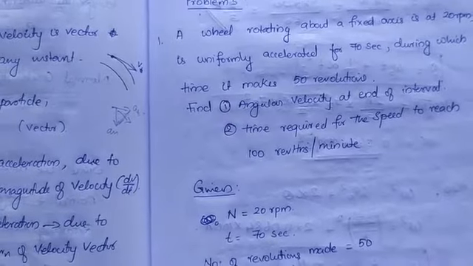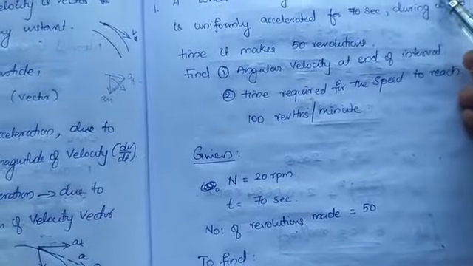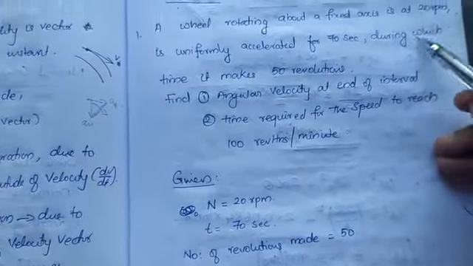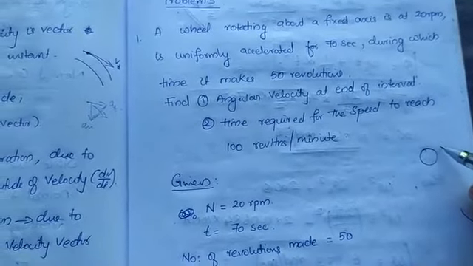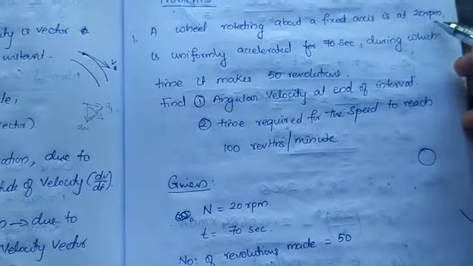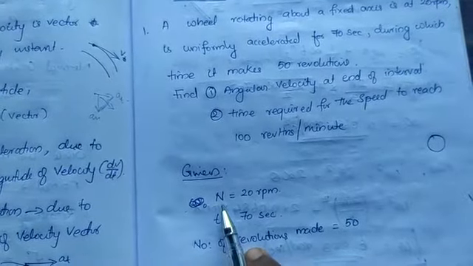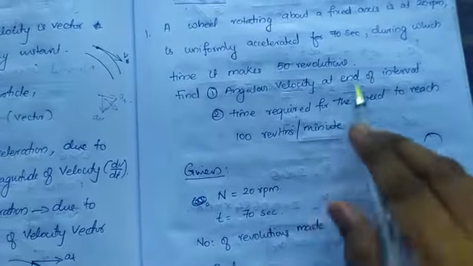So, a wheel is rotating about a fixed axis at 20 rpm. This is given in rpm, so the data is n, number of revolutions per minute, right?